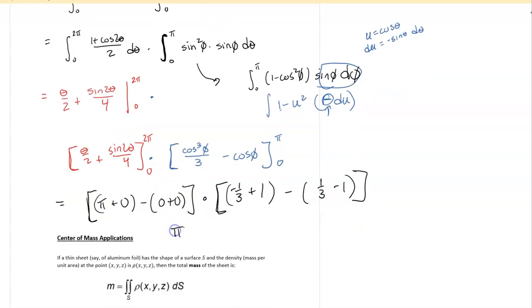So this gives us pi times, this is 2/3, this is 2/3, and we'd add them, because that'd be negative 2/3, so that'd be 4/3, so pi times 4/3. Our answer is 4 pi over 3.